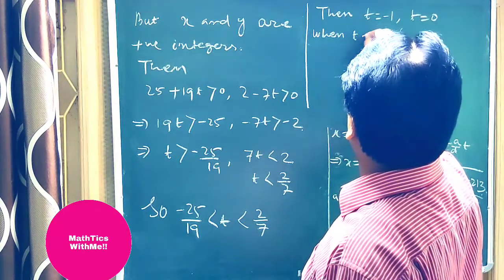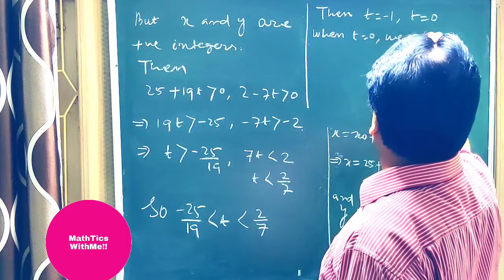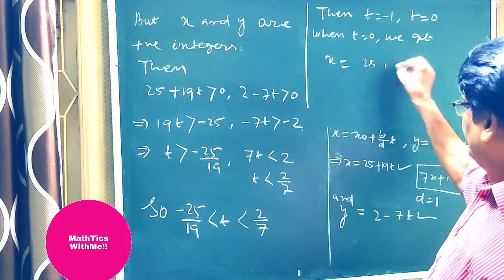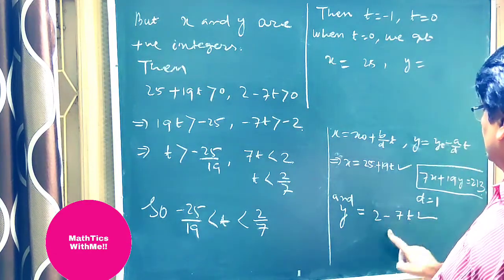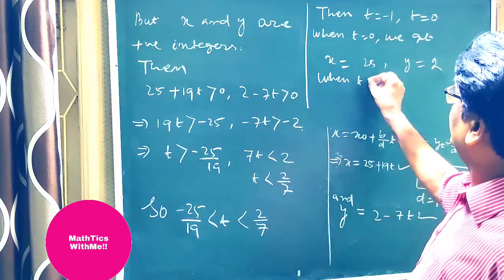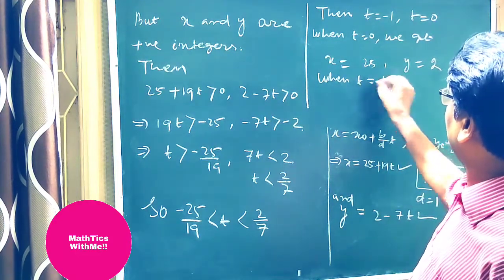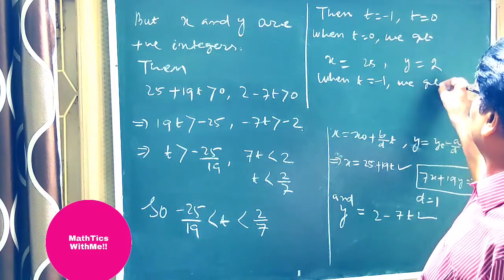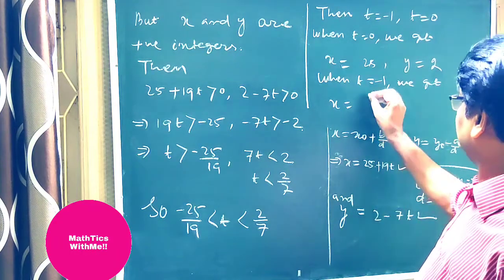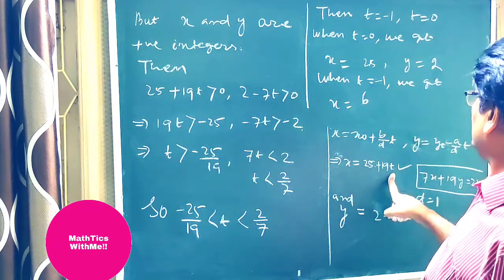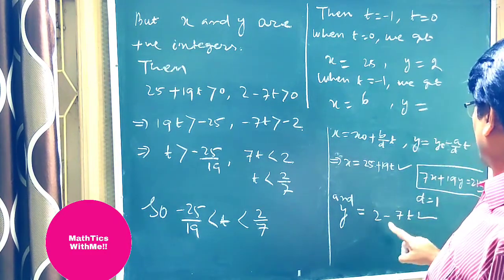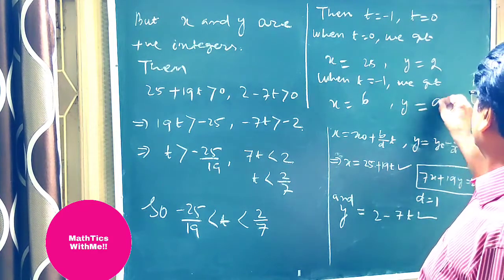When t is equal to 0, we get x is equal to 25, y is equal to 2. When t is equal to minus 1, we get x is equal to 25 minus 19, which is 6, and y is equal to 9.